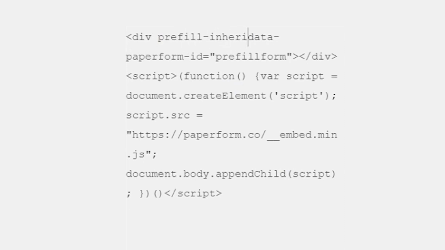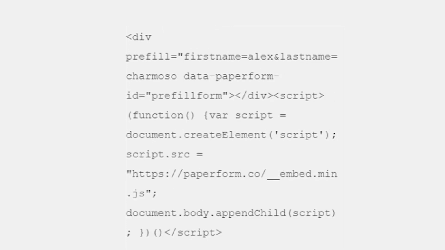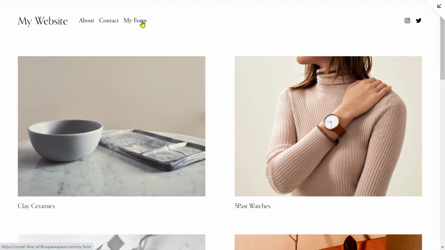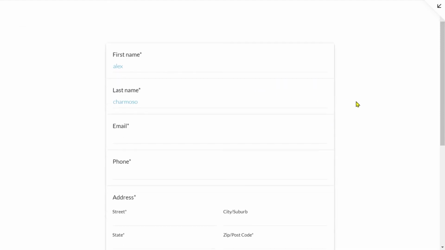In much the same way that we modified our embed code to include prefill inheritance, we simply include prefill equal to, and then house our query string within quotation marks. As we can see, all that we've done is take the query string from our URL and place it into our embed code. Now, every time that the form is loaded, the first name and last name field will be pre-filled.